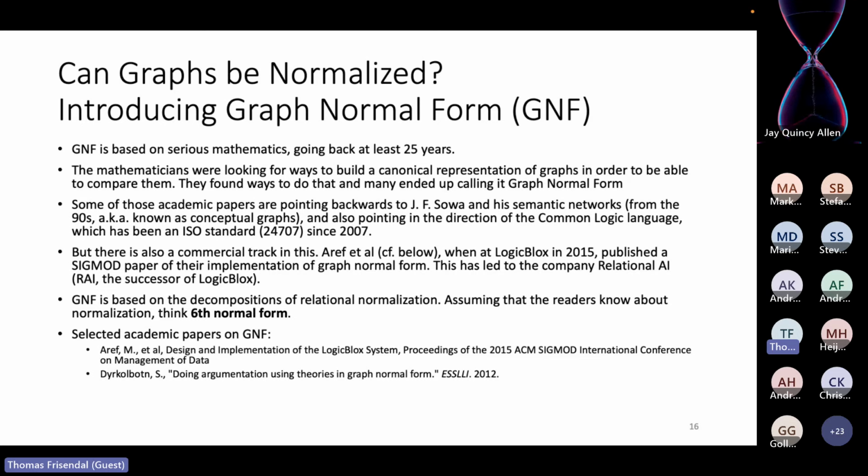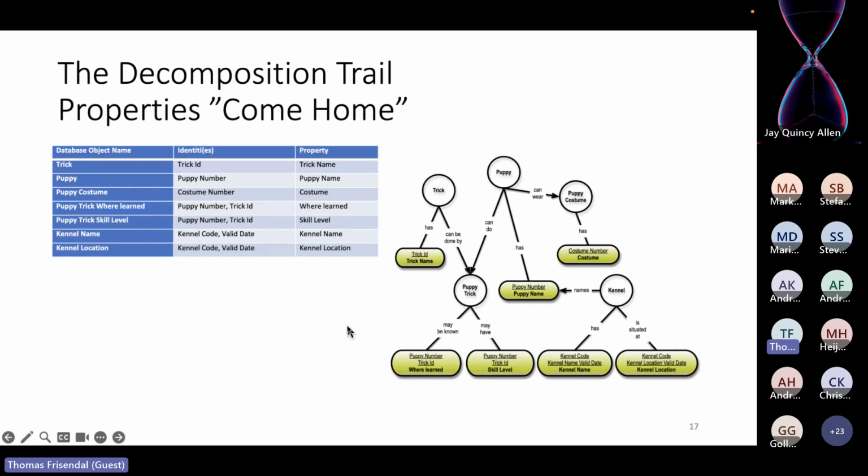It goes back a long time, but the actual force player on this scene now is a company called Relational AI. And I really encourage you to look it up, because what graph normal form essentially is, is a decomposition of relational normalization going to the sixth normal form.